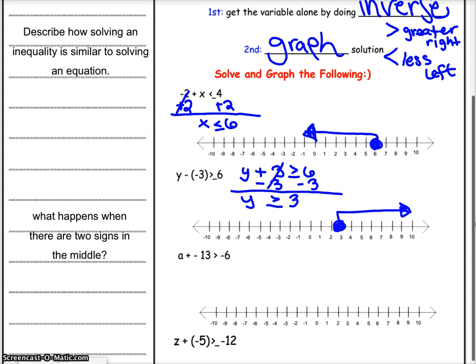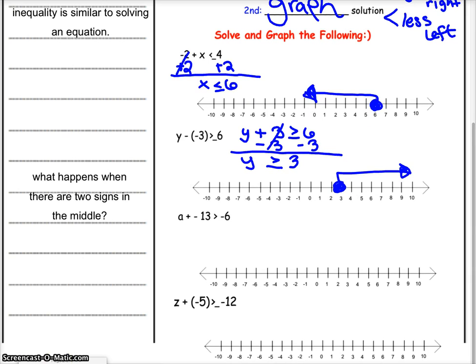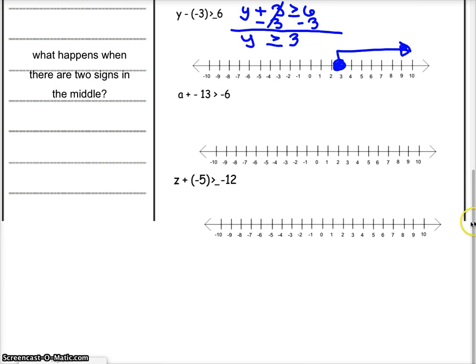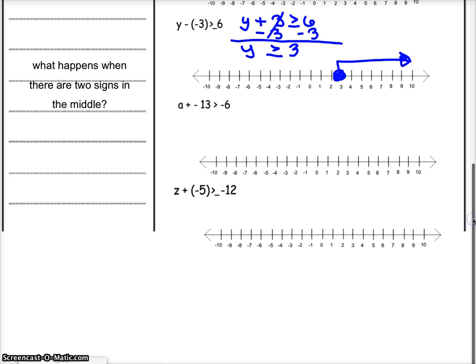A plus a -13 is bigger than -6. So this one also gets confusing because you have 2 signs in the middle. What I typically do, there's 2 ways. You can either turn this into a minus 13 is bigger than -6, because when you plus a negative, you're minusing.